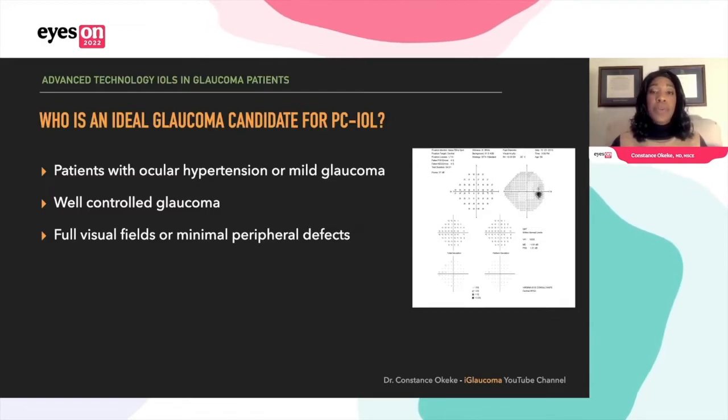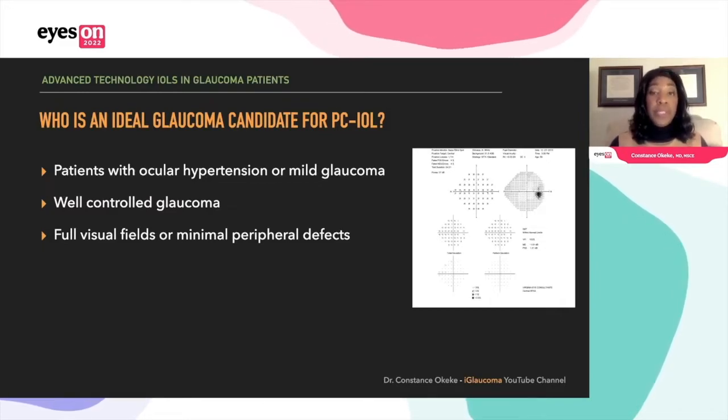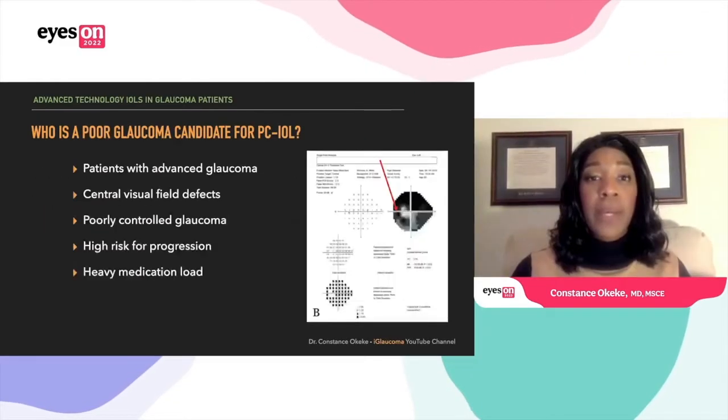So these are patients who, if you just thought glaucoma, don't even think about an advanced technology lens. These are definitely the ones that you should be considering, stretching that envelope to offer them multifocals or extended depth of range IOLs.